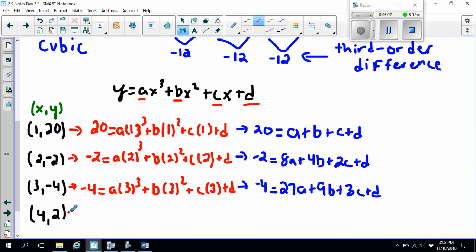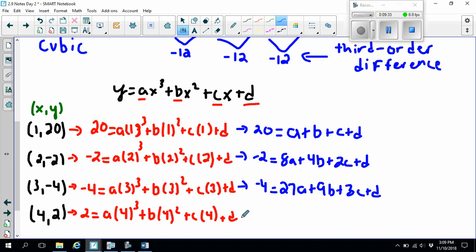And then our last one, 2 is going to be our y value, and we plug 4 into x. We have a times 4 to the third, then plus b times 4 to the second, plus c times 4, then plus d.